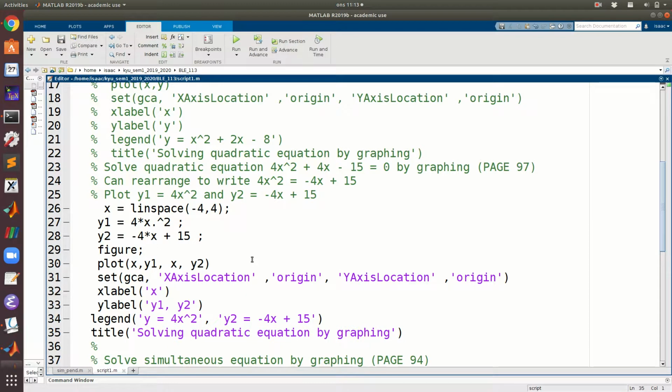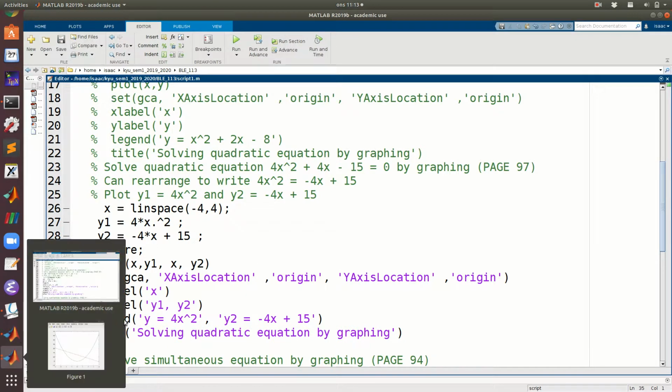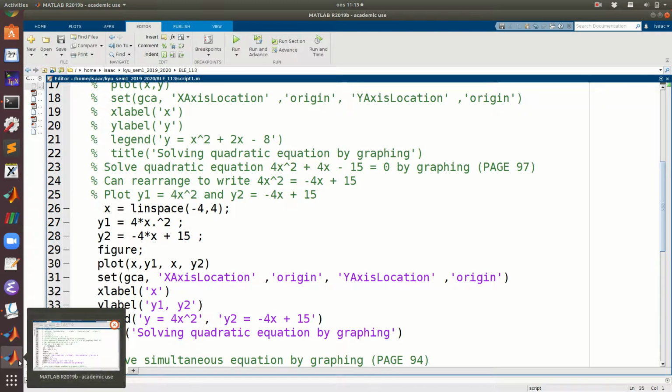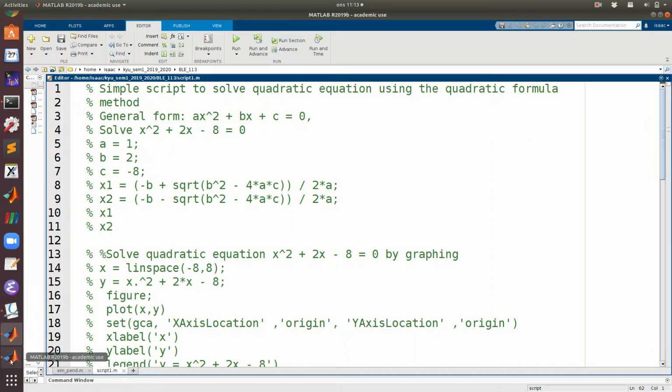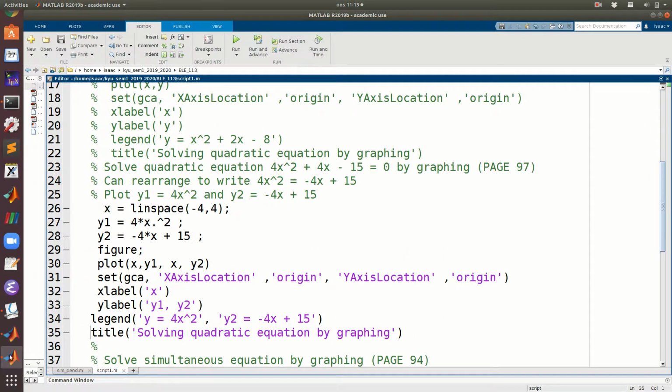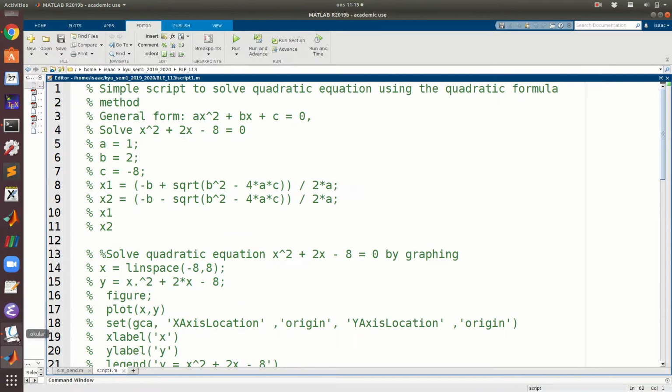Okay, so we will save that and try to run this.